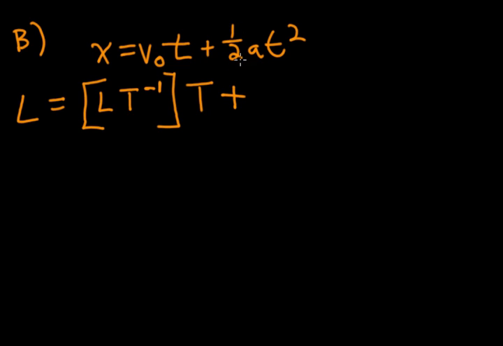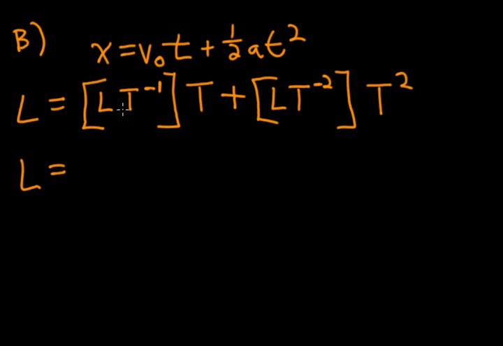Time has units of time. Now for the 1/2, it's constant, so it has no dimensions. A, if we look back up at the top of the problem, A is meters per second squared, or length time to the negative 2. And then this time is t to the 2. So we have L, t negative 1 times t. So the exponents will leave me with L here.